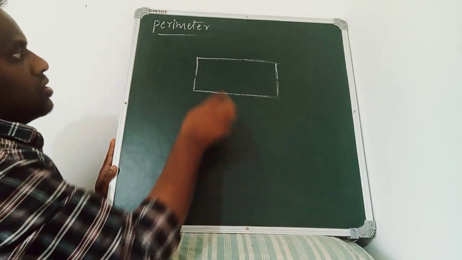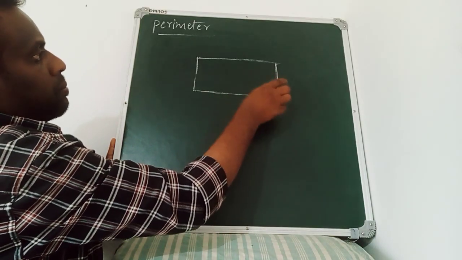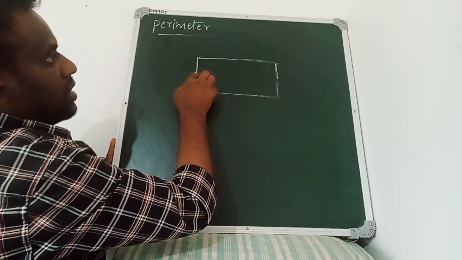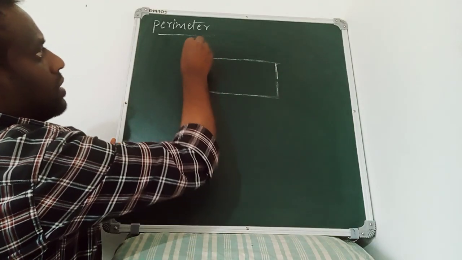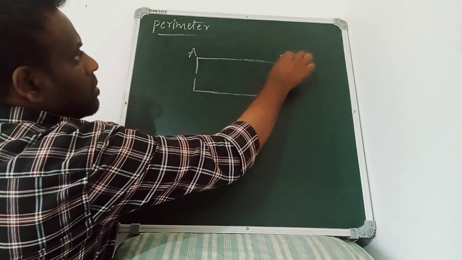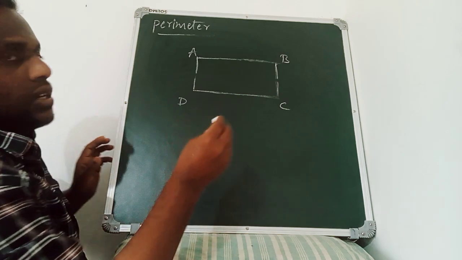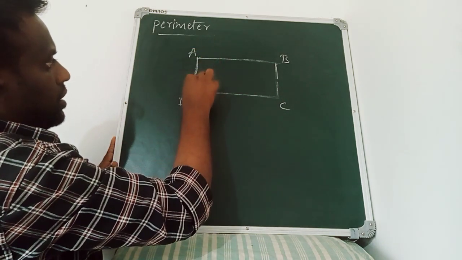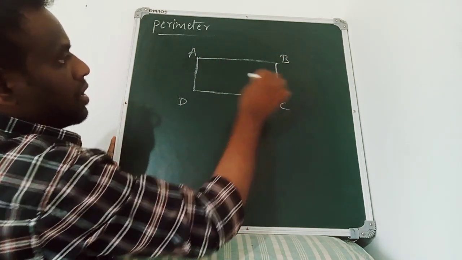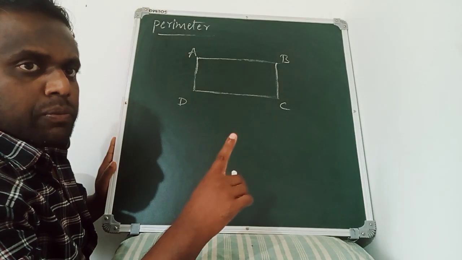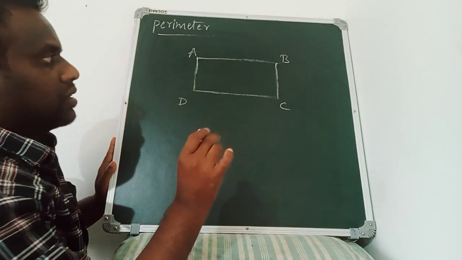I will label it A B C D. See, the length of AD and the length of BC are equal. So one pair of sides have equal length.